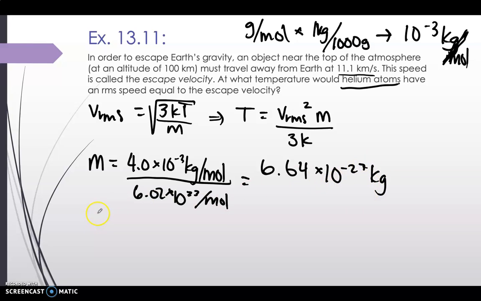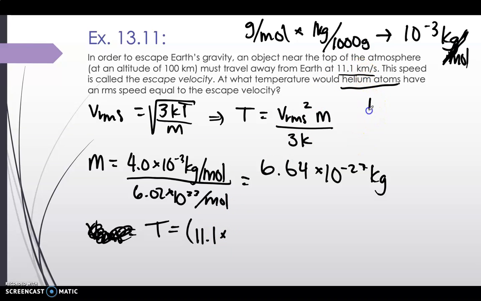Okay. So our VRMS is going to be, or I'm sorry, we're solving for temperature this time. Temperature is going to be my VRMS, which we're saying is the same as our escape velocity of Earth. And we want to put this into meters.